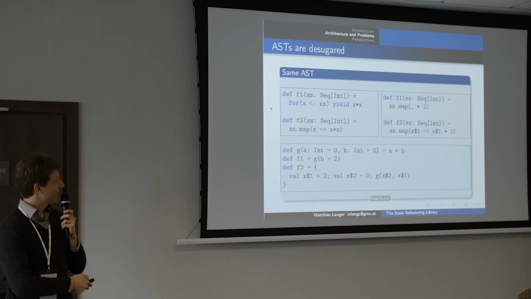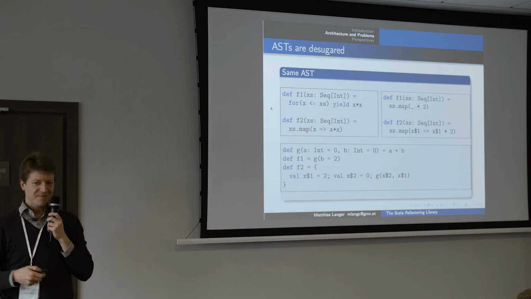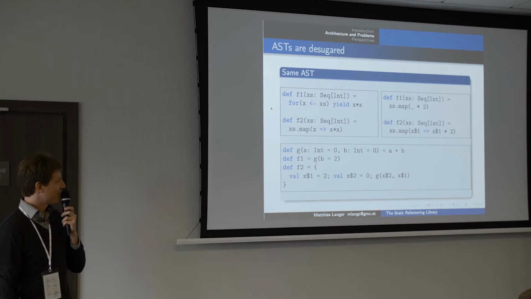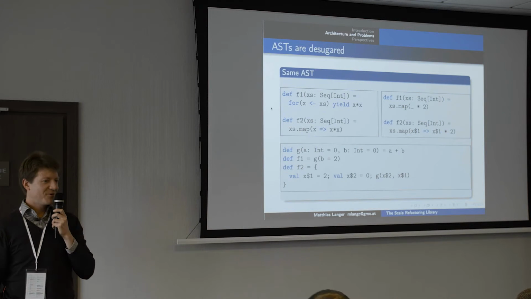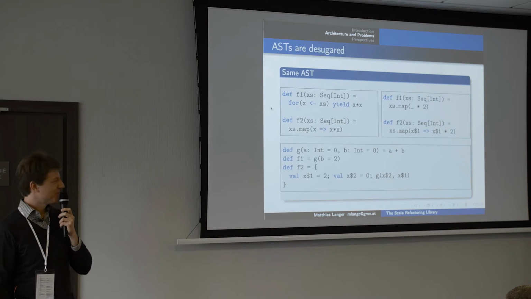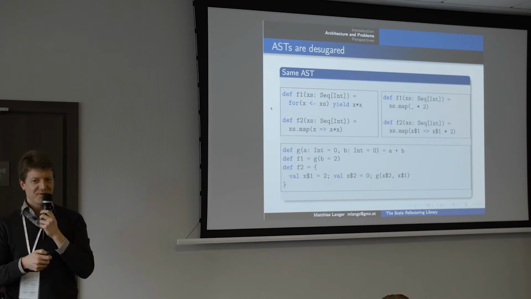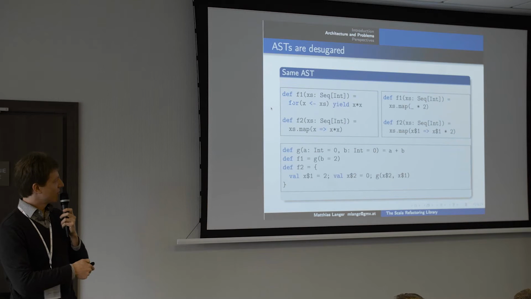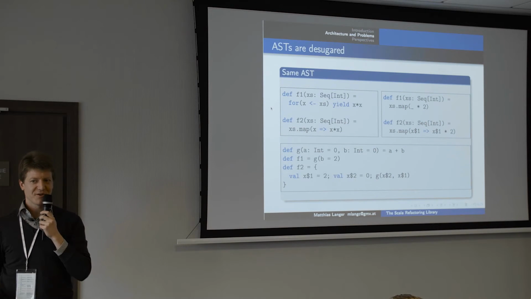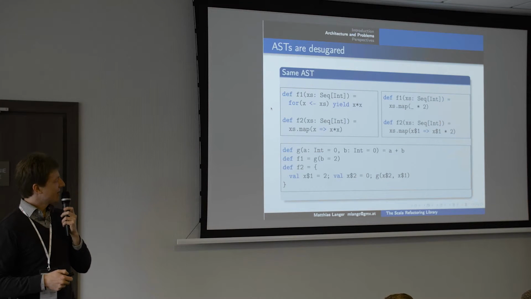What's even worse is that the ASTs from the compiler are already desugared. What does this mean? Most of you might know that for comprehensions in Scala are just syntactic sugar for map, flatMap, and withFilter.